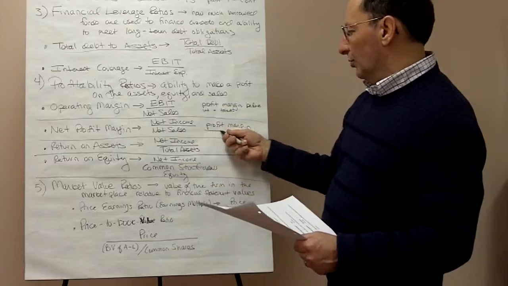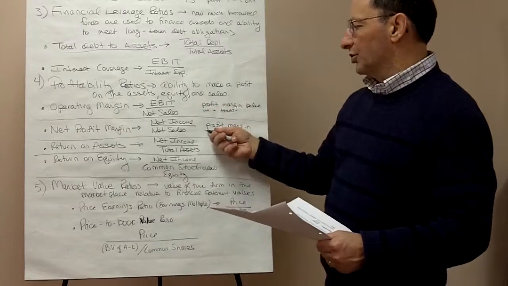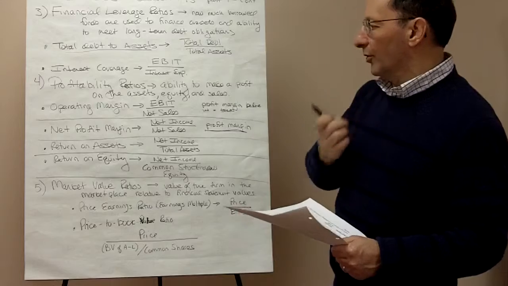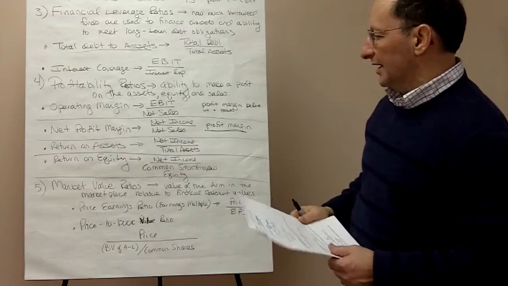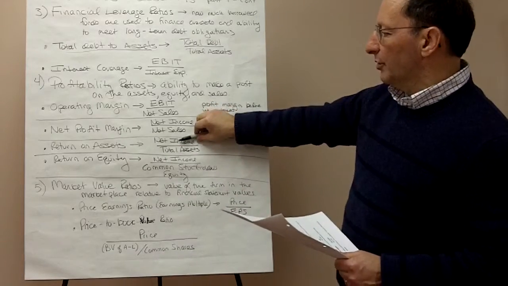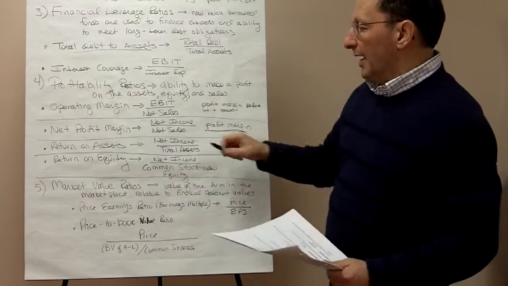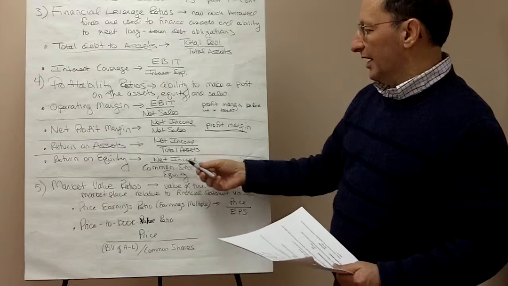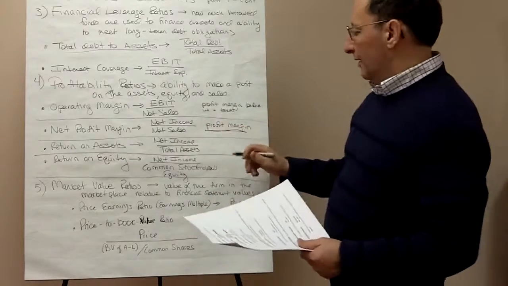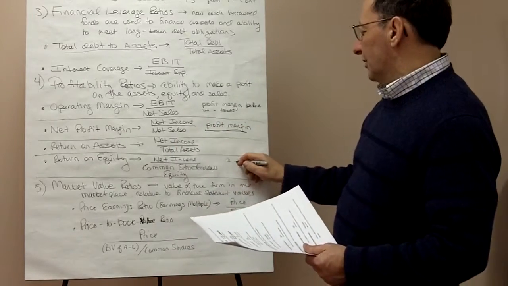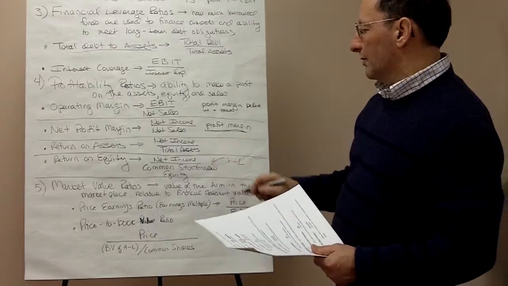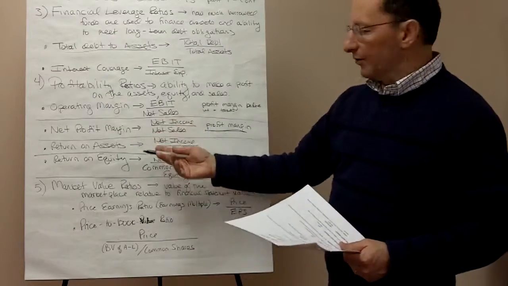That is the old profit margin. When you hear profit margin, that's what we're going with. Return on assets is the amount of net income you're making on the total amount of assets employed. And your return on equity is your net income divided by the equity, which is your assets minus liabilities. So there's your difference.